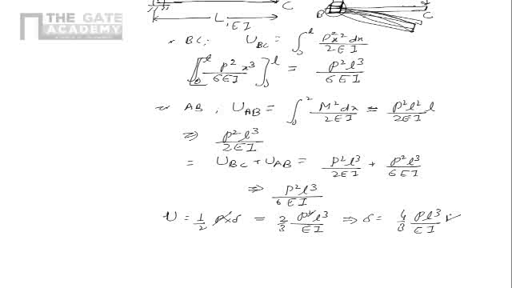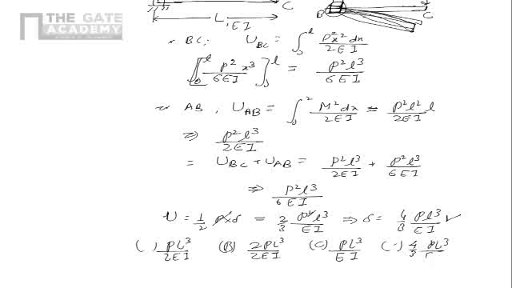So let's see the options which have been provided. Option A is PL³ upon 3EI. Option B is 2PL³ upon 3EI. Option C is PL³ upon EI, and option D is 4 upon 3 PL³ upon EI.